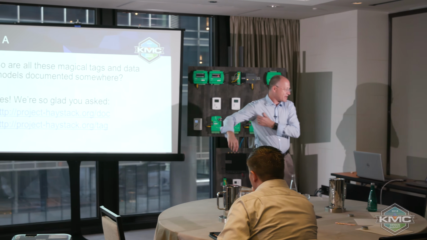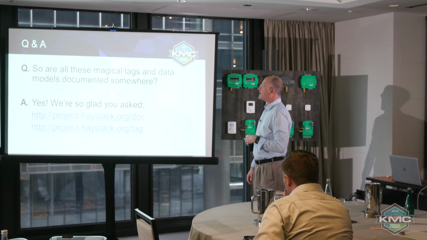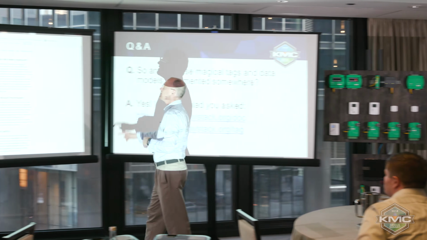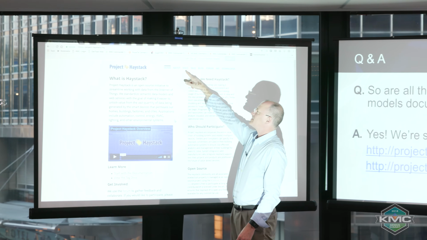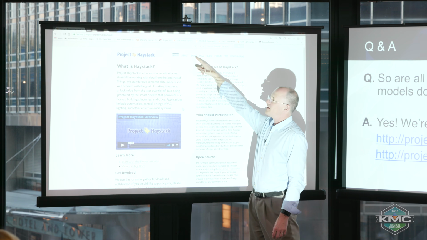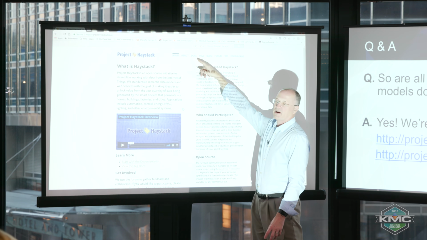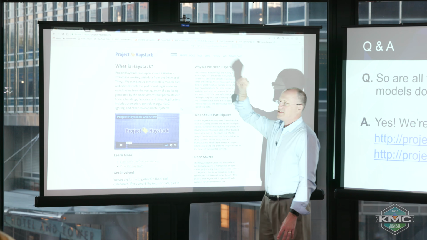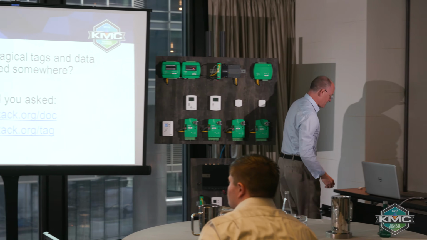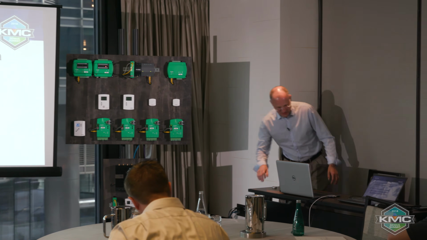All right, so where are all these magical tags and data models documented? Project Haystack under Docs. If you start here, it's a bit more of a read, but if you start in Docs, you get the high level of what I've talked about with some more detail. And if you go into tags, that's where you'll actually start to see some of the concepts reach fruition.